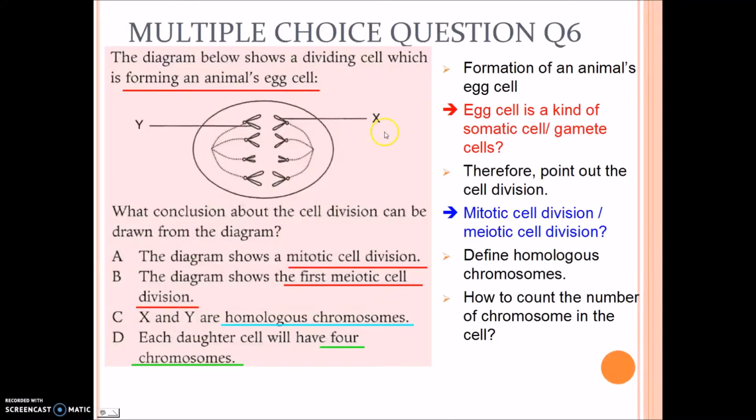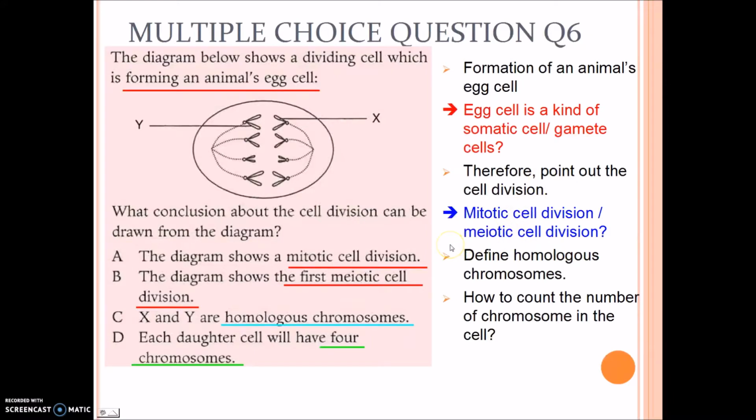So for question 6, that's a very good question because it tells you this cell division is producing the animal's egg cell. That means which type of cell? It should be gamete cells, right? The gametes, or the germ cells for reproduction. So which type of cell division do we need to perform to produce gametes, mitotic or meiotic?